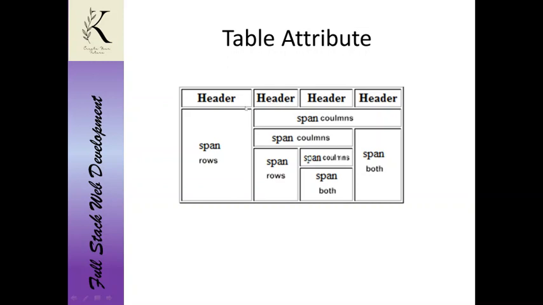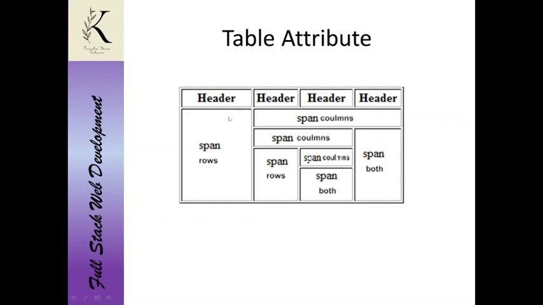Now we see in this table we have 4 columns and 1, 2, 3, 4, 5 rows. The first row and all the columns of the first row are separate, individual. From the second row we have started to merge.